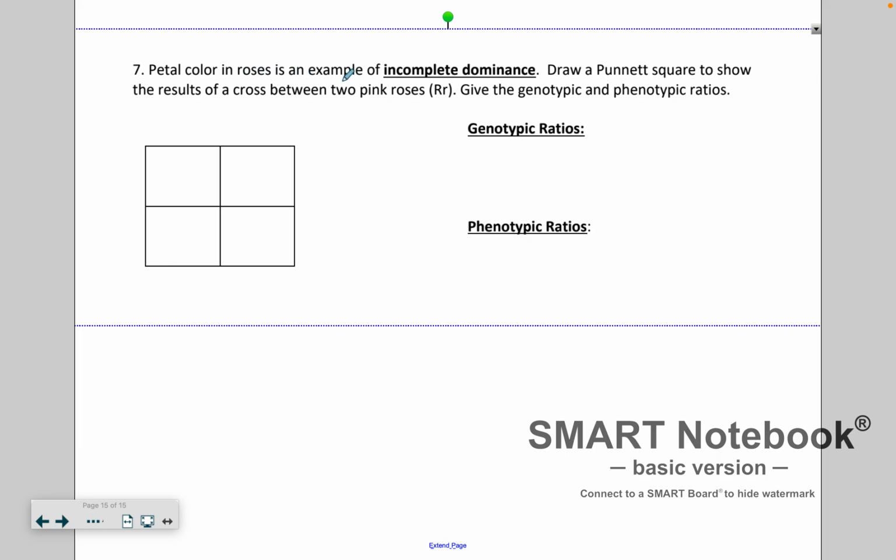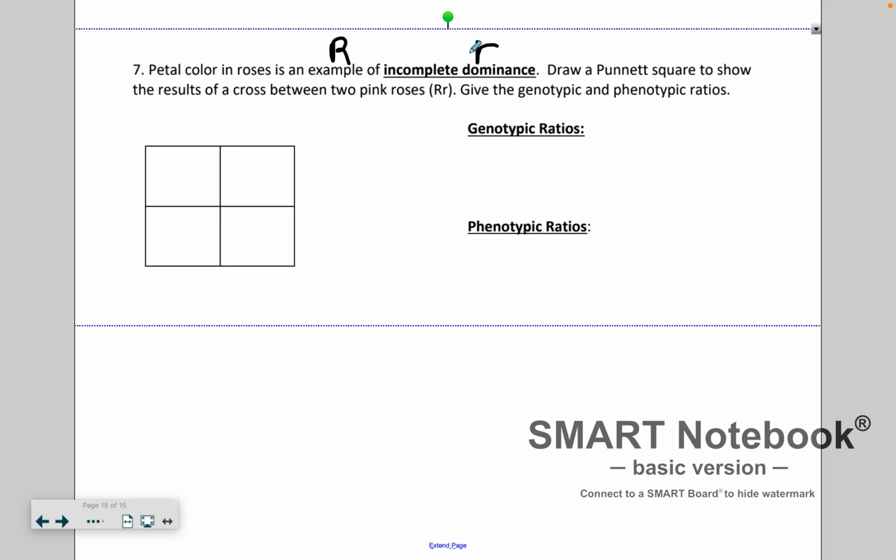All right, the final Punnett square, I hope you read carefully. Petal color in roses is an example of incomplete dominance. Remember what it means to be incomplete dominance. That means you have a dominant trait, like you have one color, we'll just say, in this case, red, and you have another color, white. Red is the dominant allele, and white is the recessive allele.